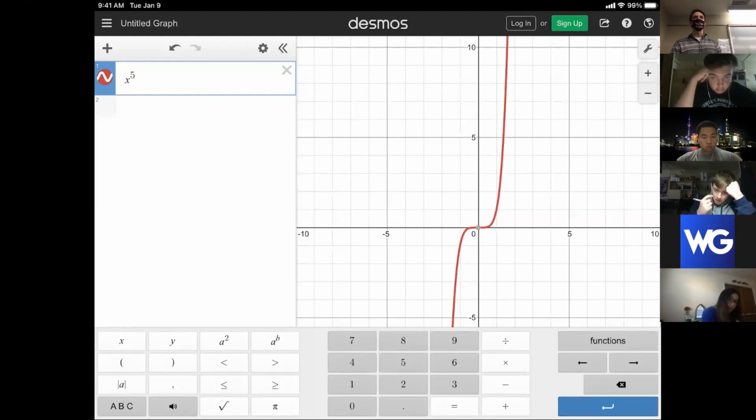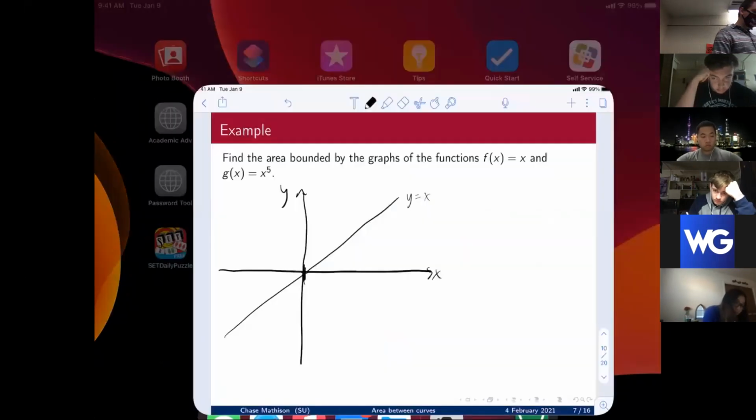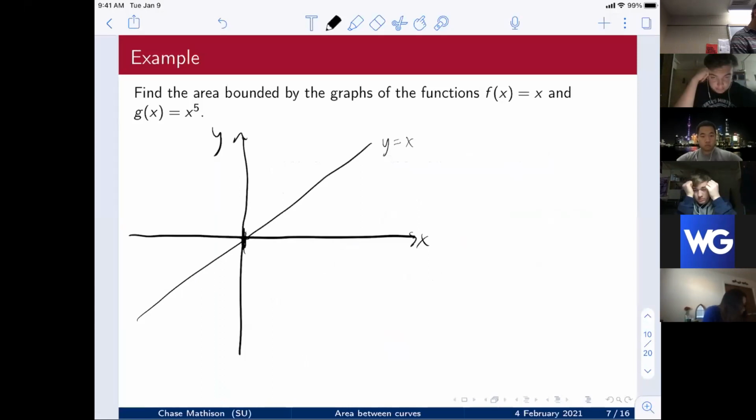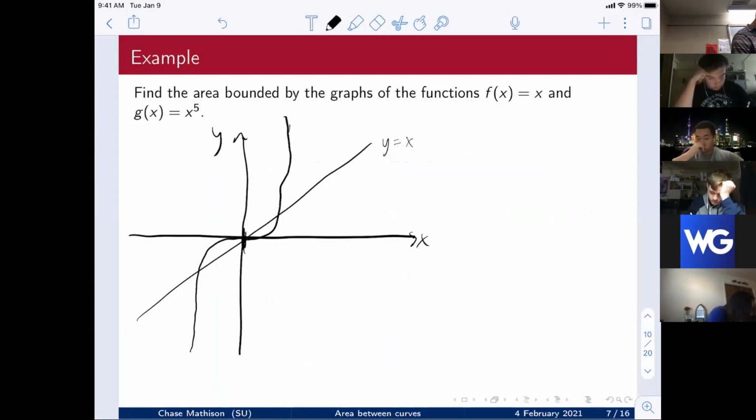It's a little flatter near the origin, right? So y equals x to the fifth looks like that, only without the little bump. Here's y equals x to the fifth.